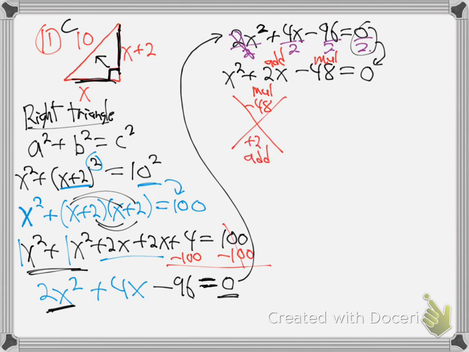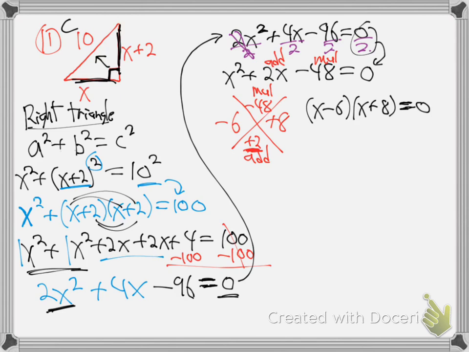What times what is 48? 6 times 8. And remember, the sign on the bottom goes on the bigger. Plus 8 and minus 6 makes plus 2. They multiply to be minus 48. So that means this thing factors: (x minus 6)(x plus 8) is 0.